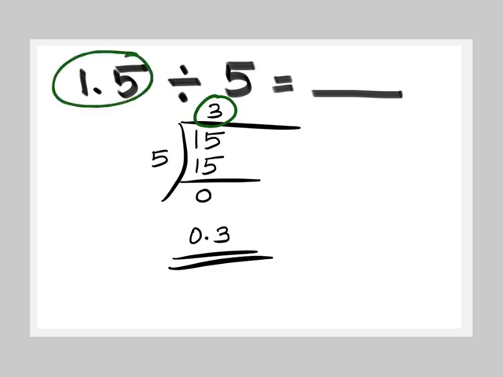In the question, the decimal is 1 digit to the left. So in the same way, the quotient should also have the decimal one digit to the left. That is how we got the quotient, which is 0.3.